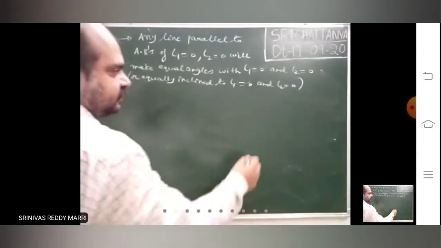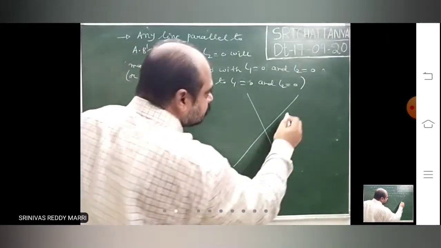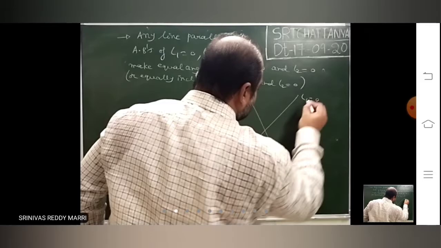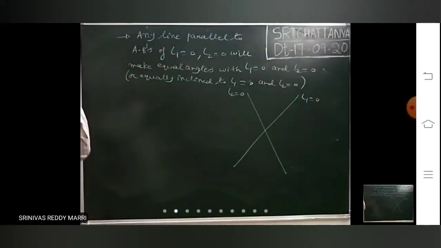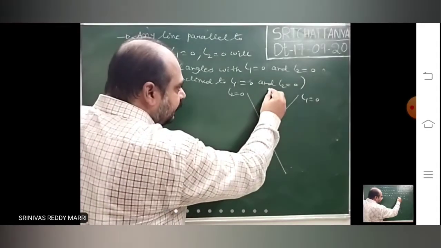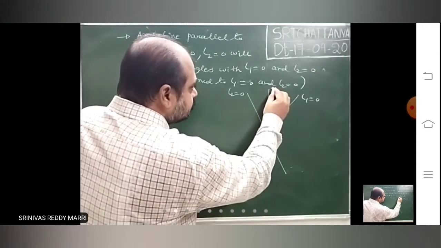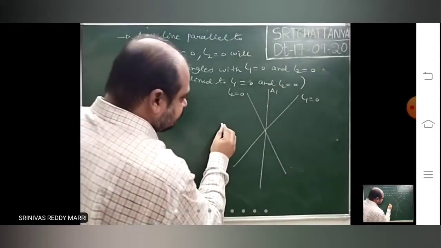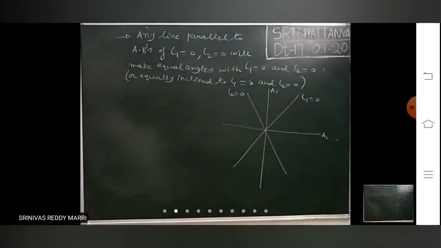Look at here. So there are two lines, L1 equal to 0 and L2 equal to 0. So these are the two angular bisectors. This is one angular bisector and another one is this angular bisector. Right?